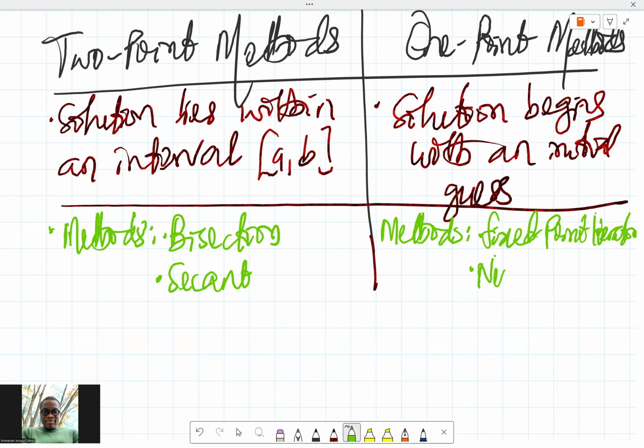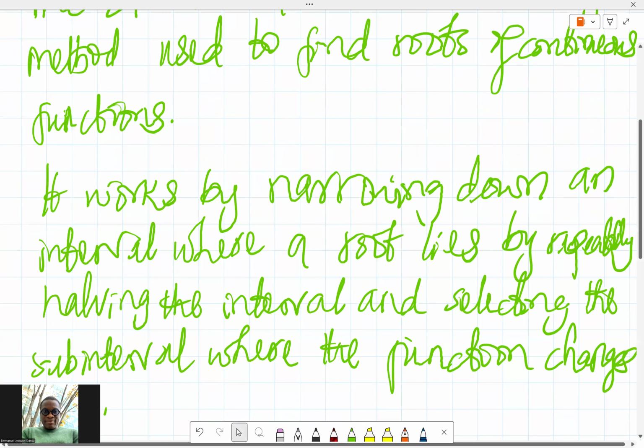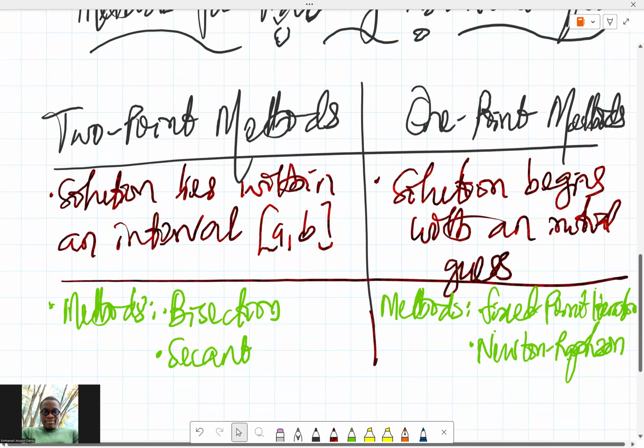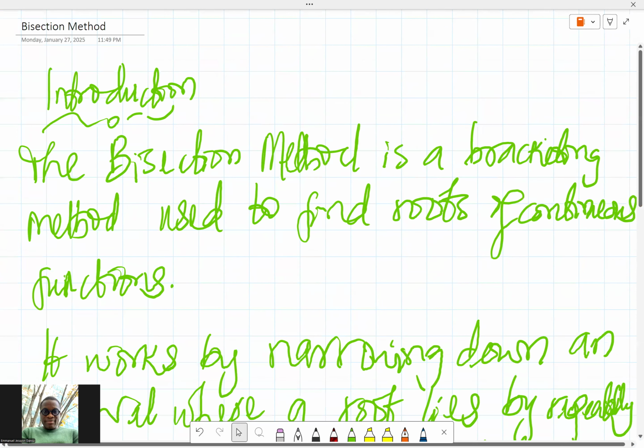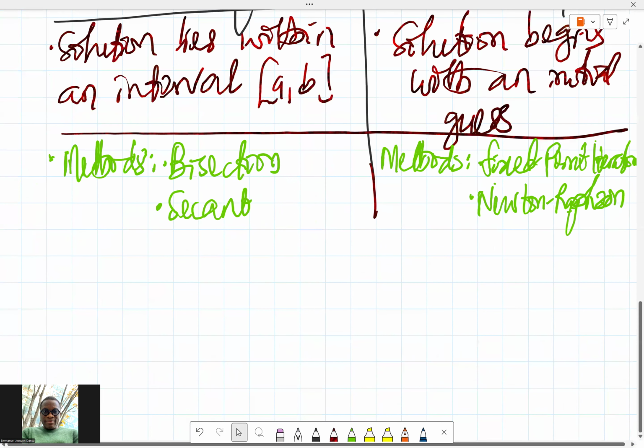So these are the four things we are going to consider. Like I said, it should have come before I started defining bisection. Now our focus is on the bisection method, a bracketing method where you look for the roots within an interval.